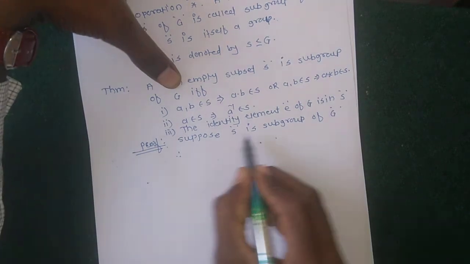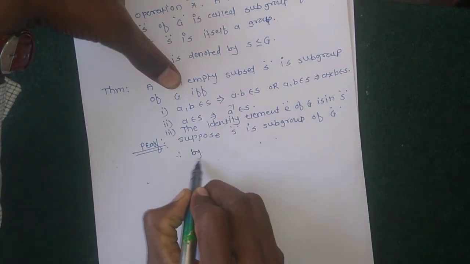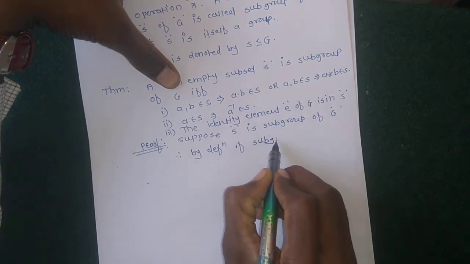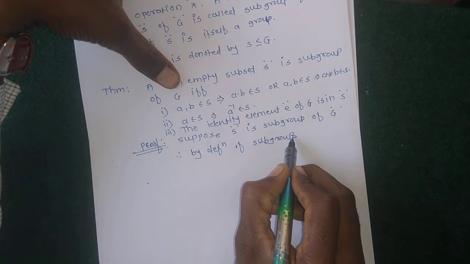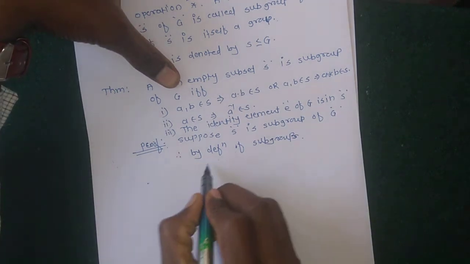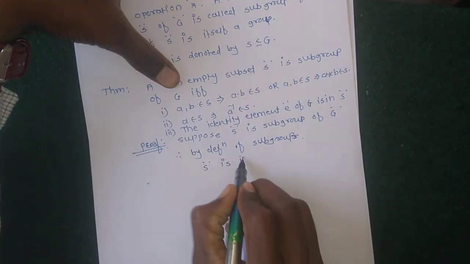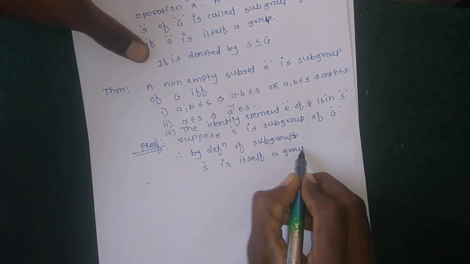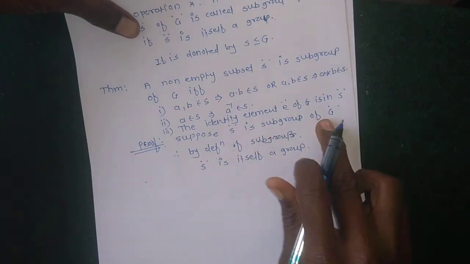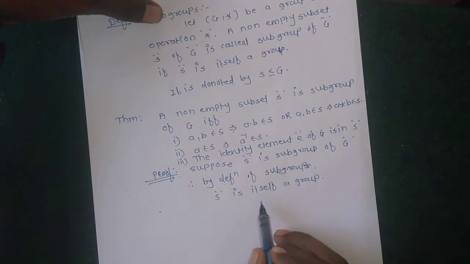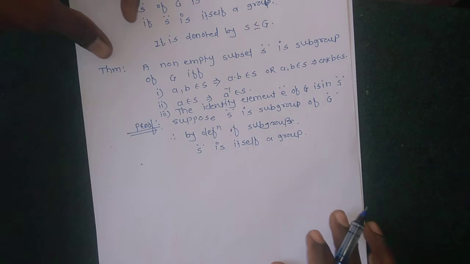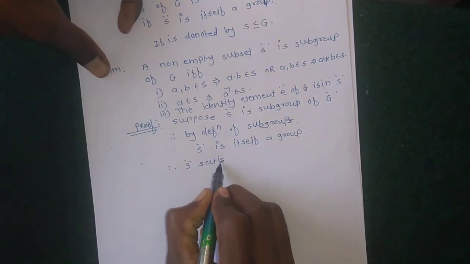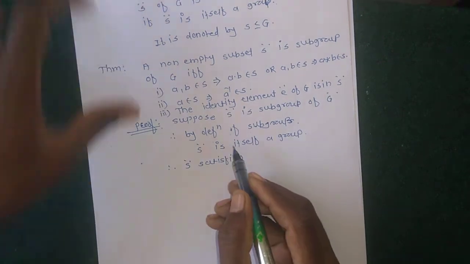Therefore if S is a subgroup of G, then by the definition of subgroup, S is itself a group. Okay, then S satisfies all the above three conditions.